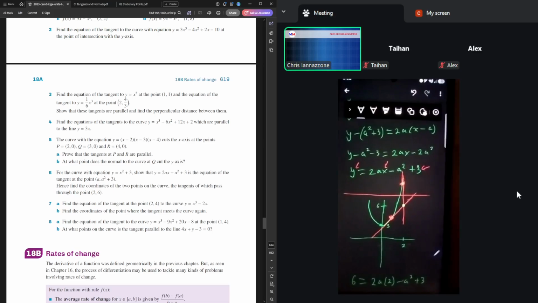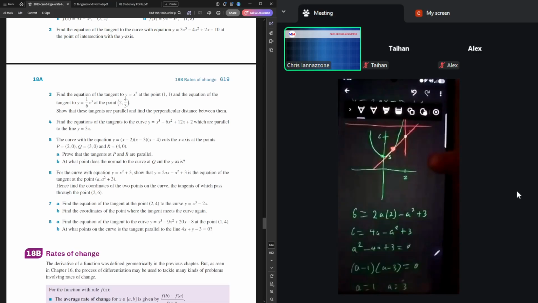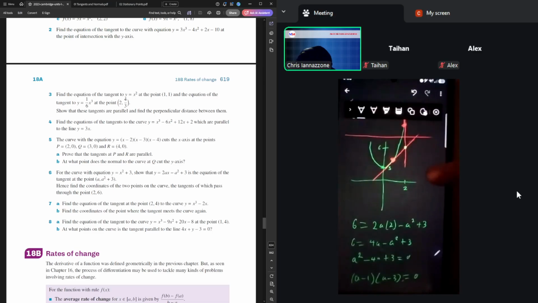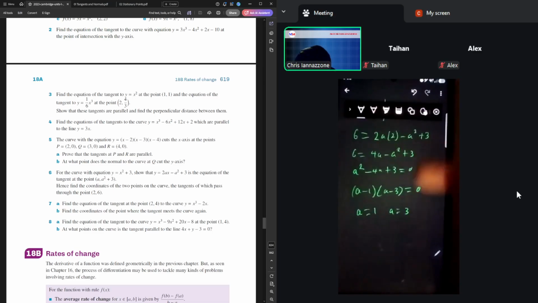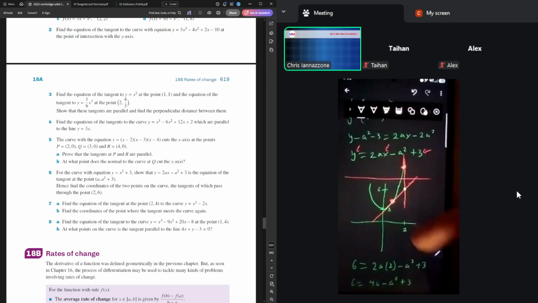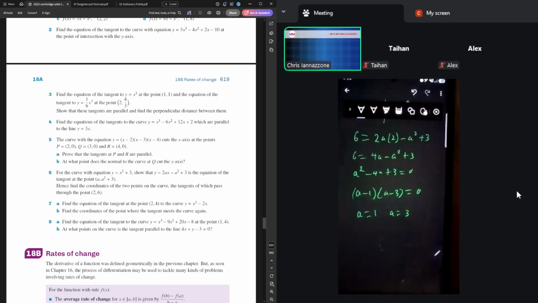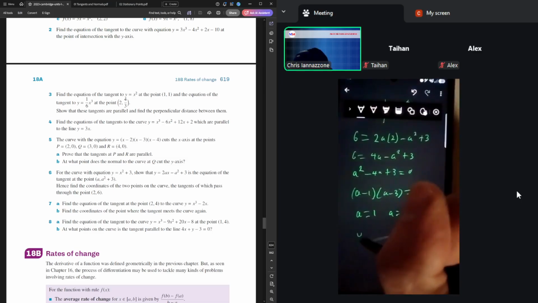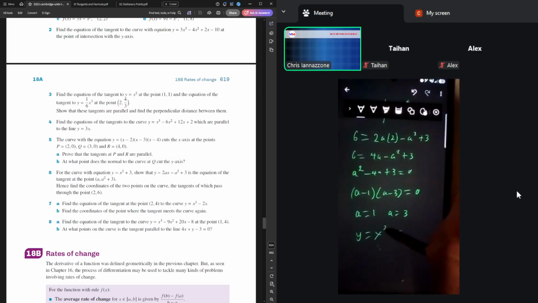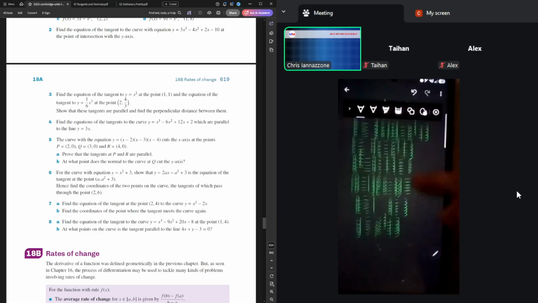You can plug into the linears themselves if you want. Probably easier to just plug into the quadratic though, because both of those points clearly exist on the quadratic, whereas since you've got two separate linears, you'd have to be plugging into two separate equations there, which is not as good. So let's go ahead and use the quadratic, which, as a reminder, was x squared plus 3.